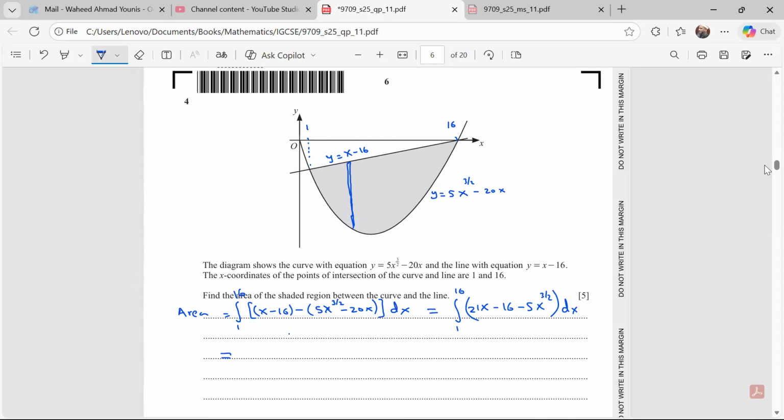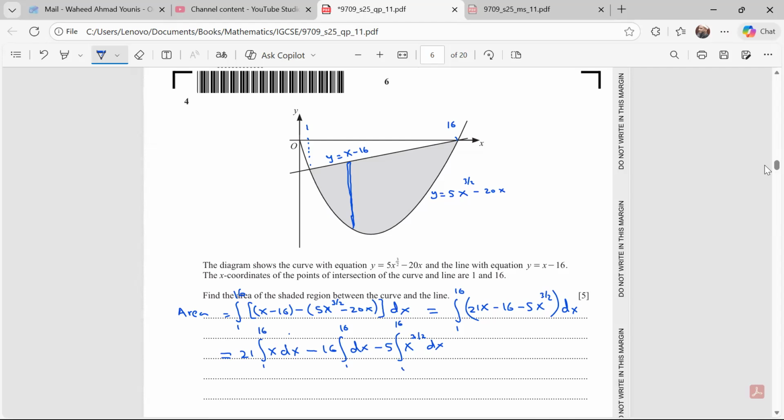Okay, I can write it as 21 x dx from 1 to 16, then minus 16 dx 1 to 16, minus 5 x power 3 by 2 dx 1 to 16.